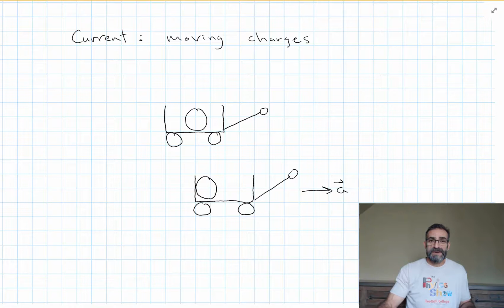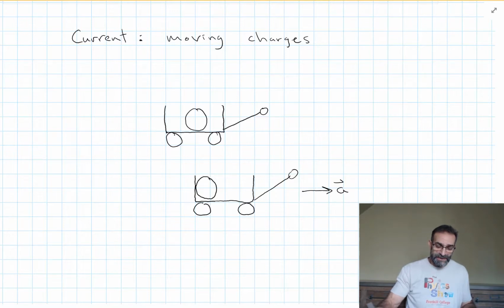There were two experiments that were done about the same time, and they both lead us to believe that it's the negative charges that are free to move in our typical metal conductors. The first one is very similar to what you may have done when you were a kid. If you had a wagon, at some point, you probably had a ball sitting in the back of your wagon.